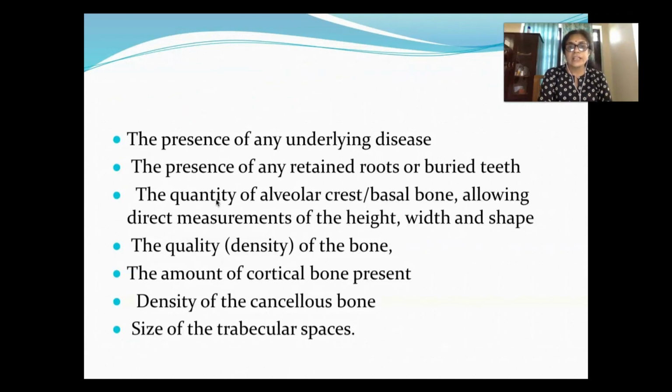They also show the presence of any underlying disease, any retained roots or buried teeth, and the quantity of alveolar crest and basal bone, allowing direct measurement of the height, width and shape. The quality or density of the bone is also measured: the amount of cortical bone present, density of cancellous bone, and size of the trabecular spaces.